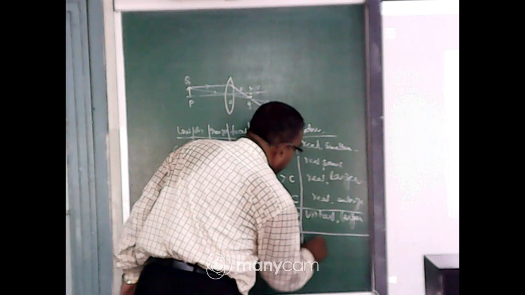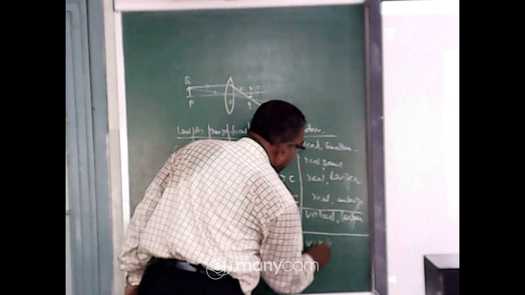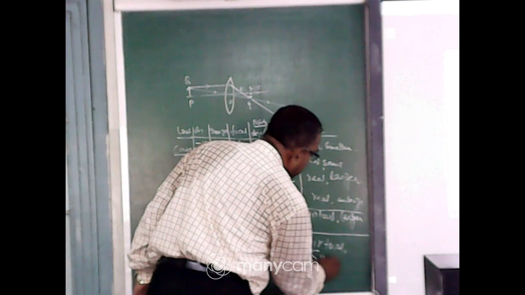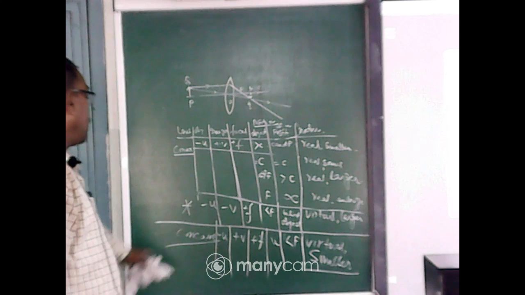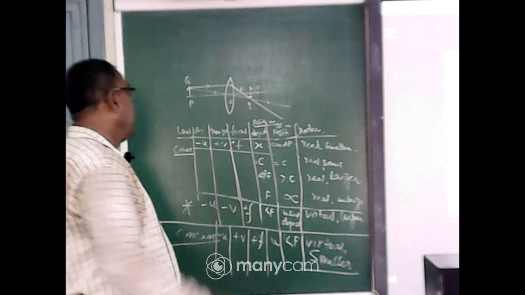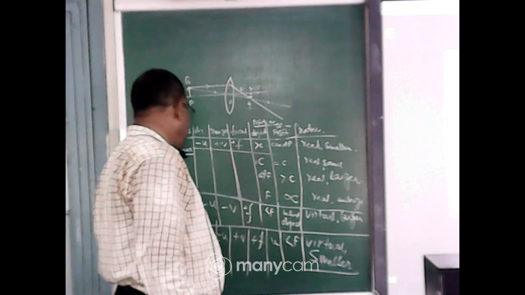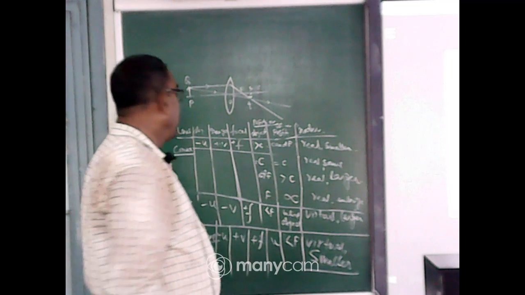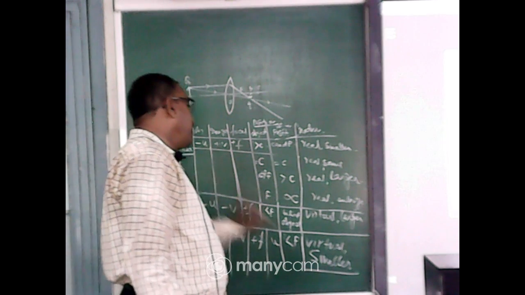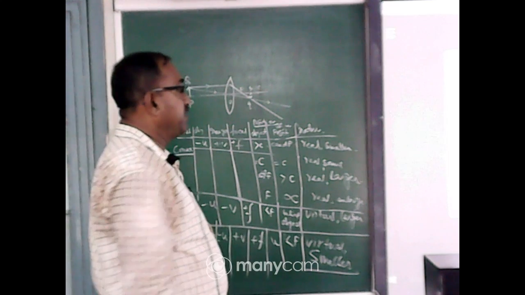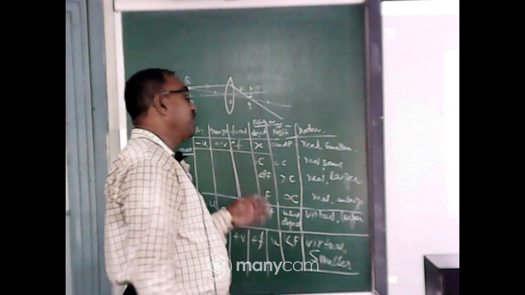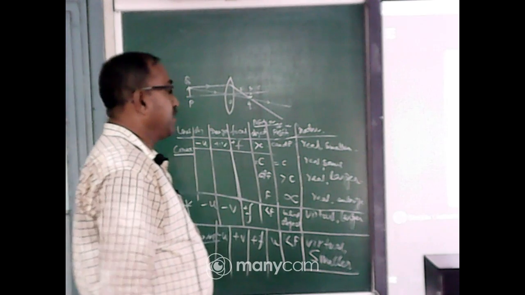The image nature will be virtual and smaller in size. So this is the basic difference between the concave and the convex lens. Concave lens always forms the virtual image smaller in size, but convex lens forms the virtual image larger in size, for only one case, when the object is placed in between the lens and the focus.